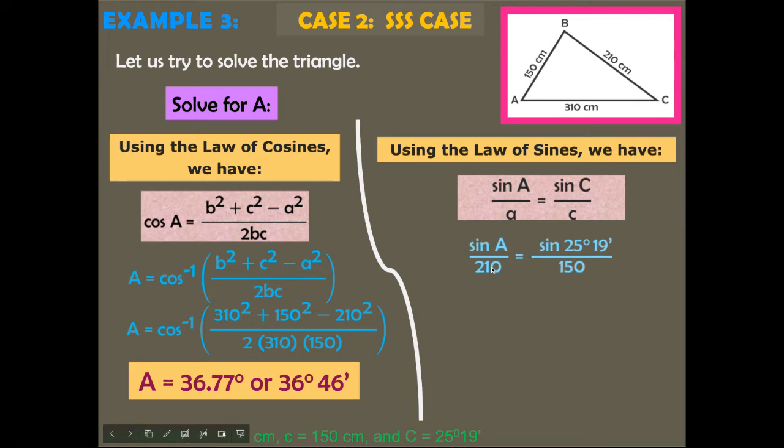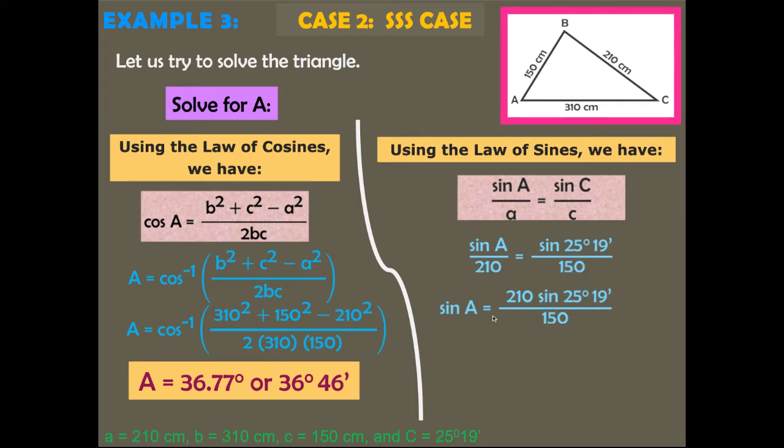So by substitution, we will have sine A over 210 equals sine of 25 degrees 19 minutes over 150. So cross multiply and then divide both sides by 150.